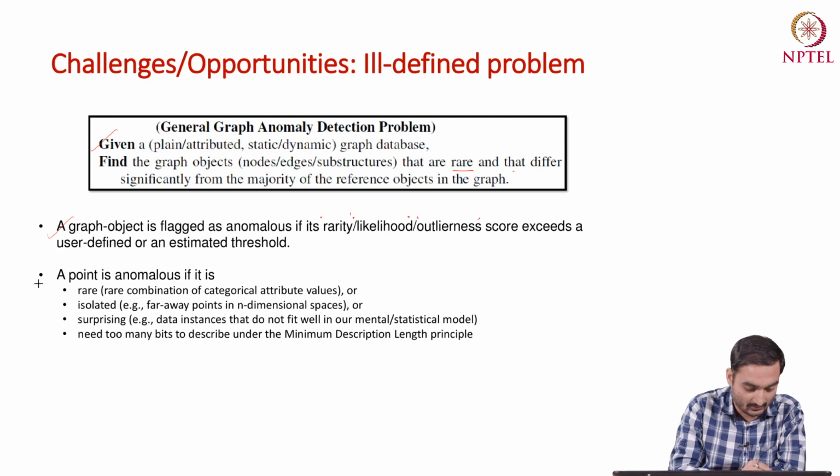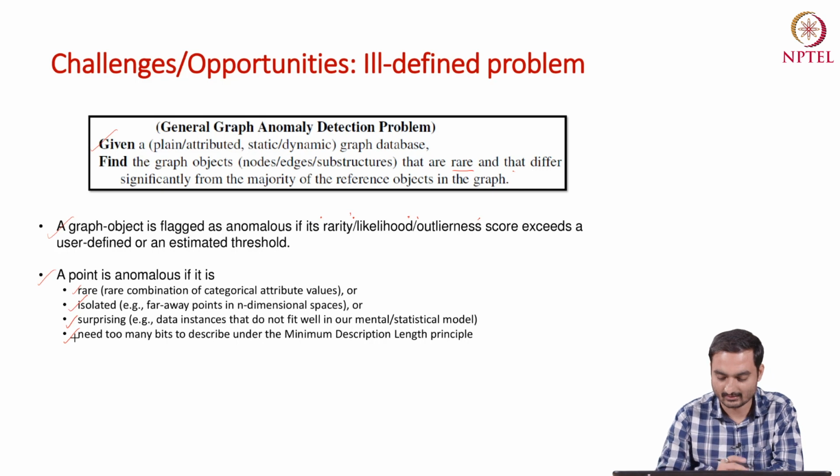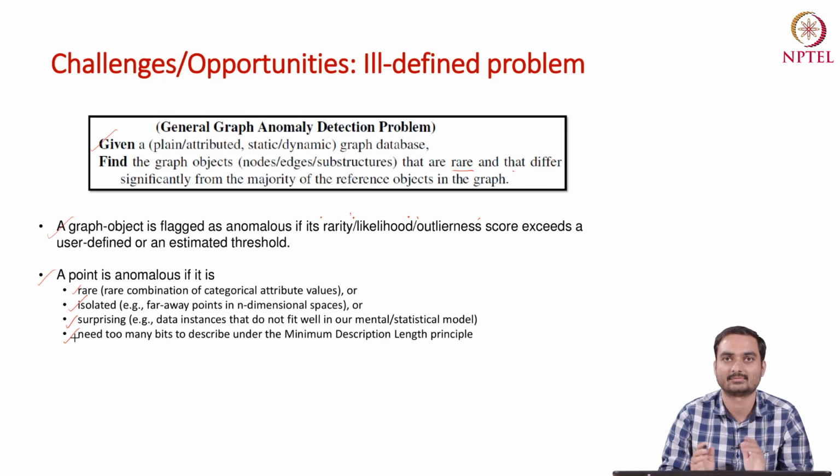Okay. So, a point is anomalous if it is rare, a rare combination of categorical attribute values, if it is isolated, far apart from other points in an n-dimensional space, and there is some sort of surprising factor, and of course if a data point needs too many bits to describe under a minimum description length principle.